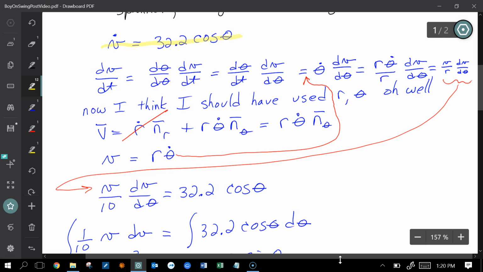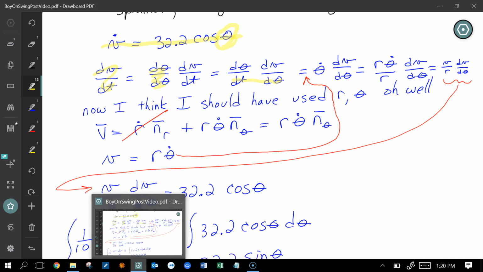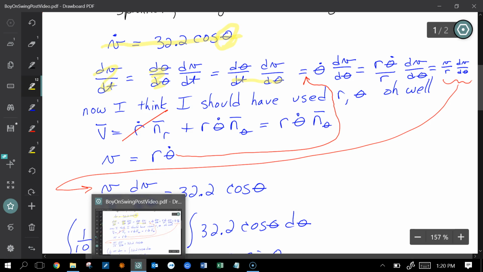So I'm going to do it here. dv/dt, that's v dot, and I'm going to put in a d theta, because I want it in terms of the angle theta, equals dv/dt, right? So I'm just multiplying by 1, and then I swap the denominators as normal. That's what we do. And so the d theta/dt is theta dot, and then you have the dv/d theta.